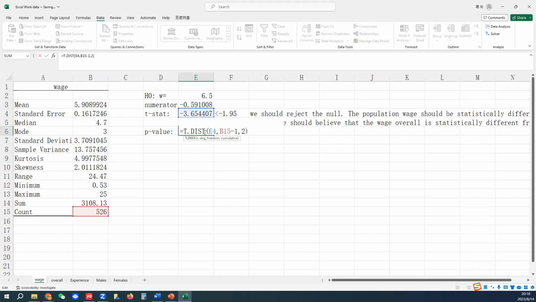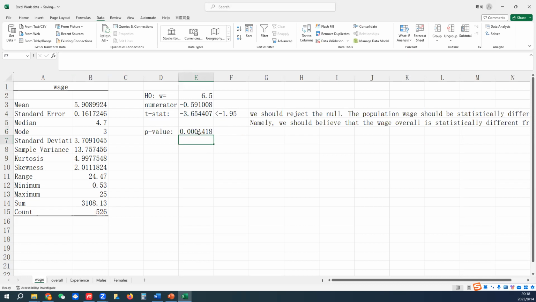The result is so much smaller than 0.05, right?